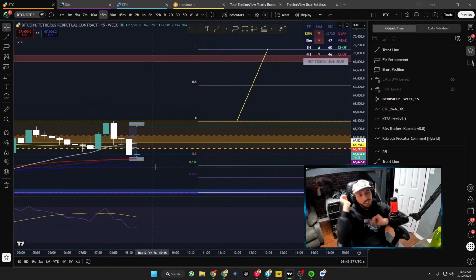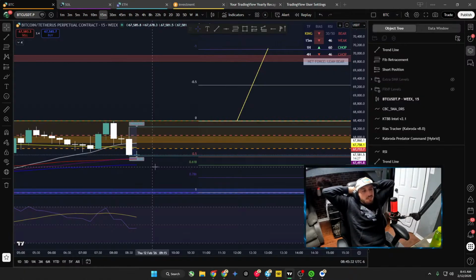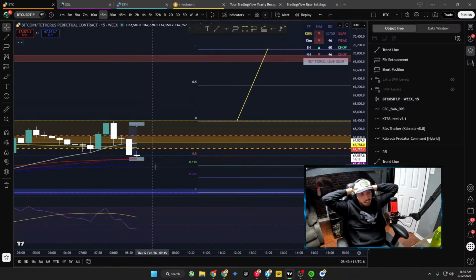So yeah, it could break either way. And we could get the breakdown here. Like we said, though, even if you get the breakdown, it's not going to be a big move. So we're just going to be watching it.